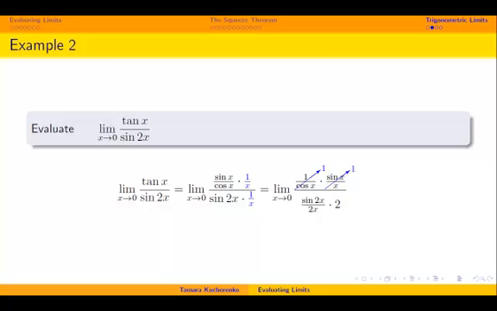Sine of 2x over 2x is of the form sine theta over theta, with theta equals 2x. This means that this limit is also 1. We obtain that the limit of tangent x over sine 2x equals 1/2.